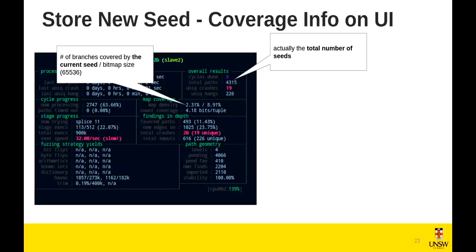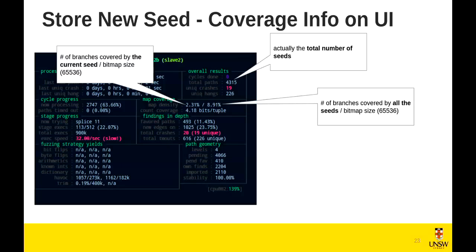The first one is the number of branches covered by the current seed divided by the bitmap size, which is by default this value. So this is the coverage of the current seed. You can make a guess at the second one. The second one is actually the coverage of all the seeds.